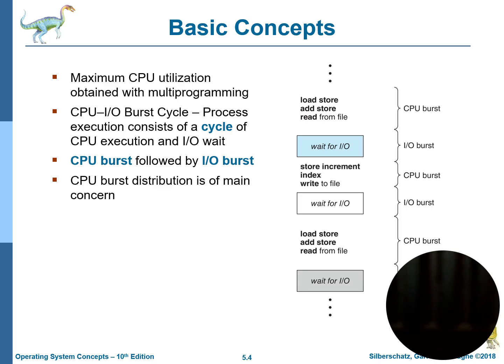Look at an example there: this is a CPU burst, this is an input output burst, this is a CPU burst, this is an input output burst, this is a CPU burst. Do you see that a running process doesn't need the processor all the time? Because it runs, waits, runs, waits, runs, waits.